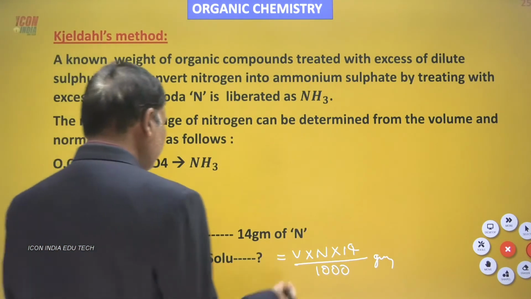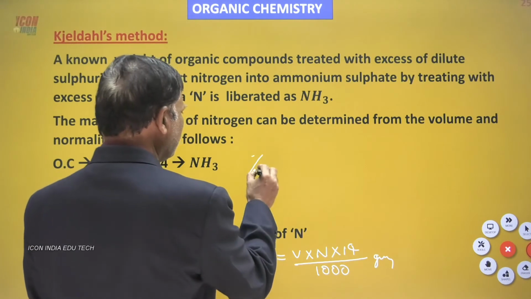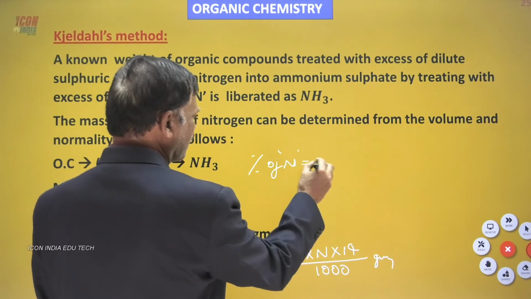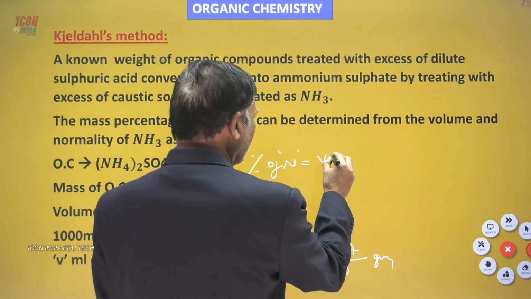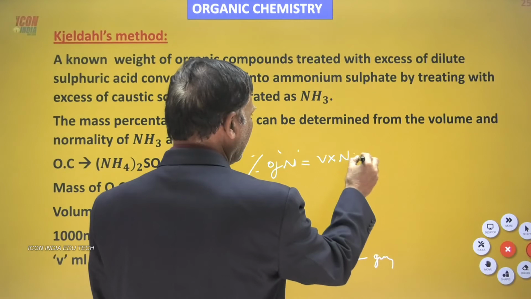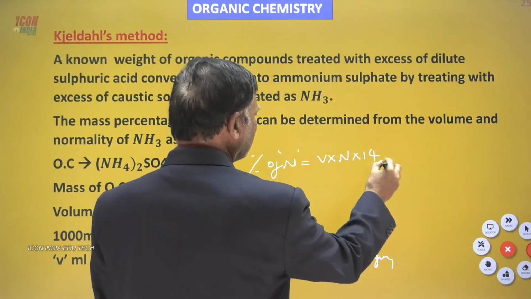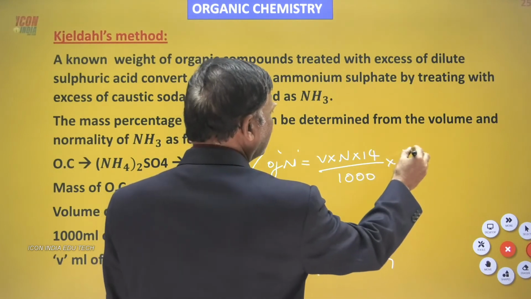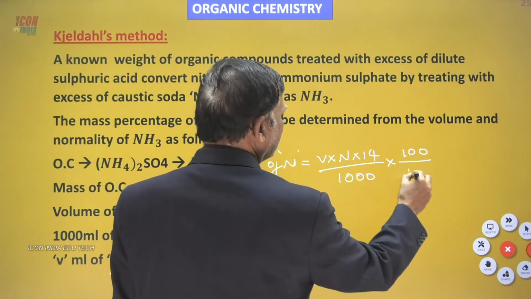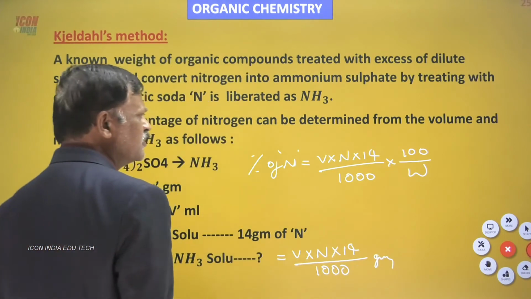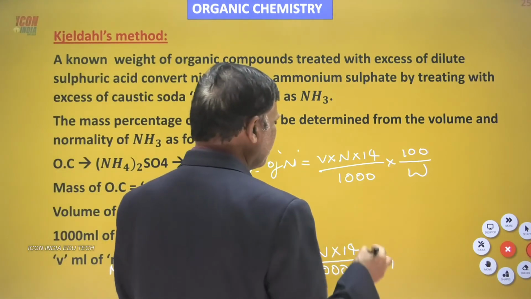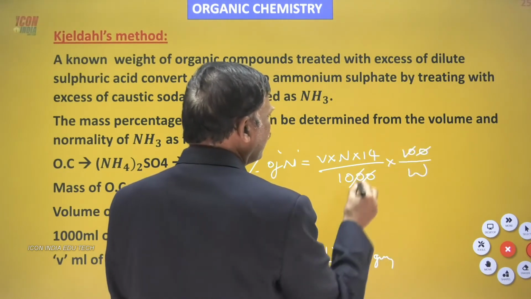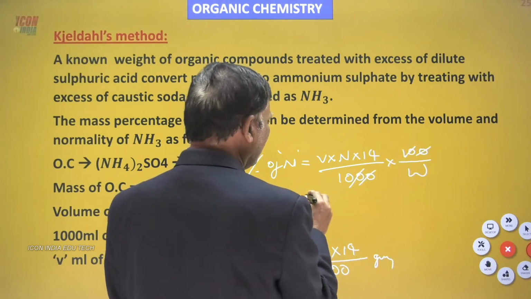So, percentage of nitrogen is equal to, in the 100 grams of organic compound, V into N into 14 divided by 1000 into 100 by W, because mass of organic compound as usual W. So, how much are we getting here? 14 by 10, 1.4.